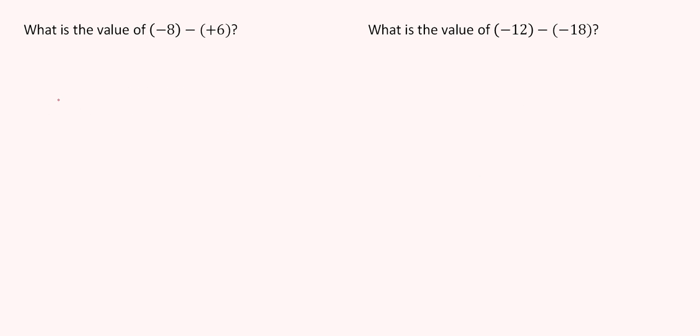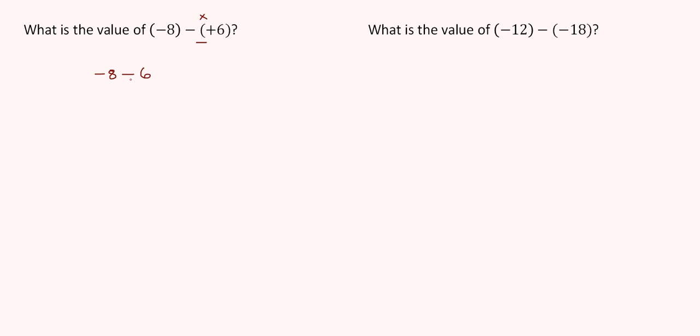So let's look at some examples here. What is the value of minus 8 minus plus 6? So now you have a minus and a plus here. When you have a minus, parenthesis, and a plus, we're going to treat that as a multiplication. So we have minus 8 and then minus multiplied by positive is going to be minus 6.